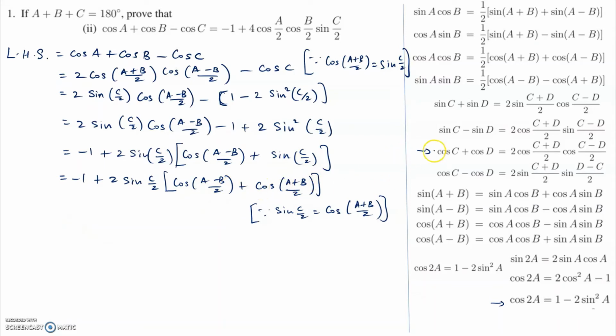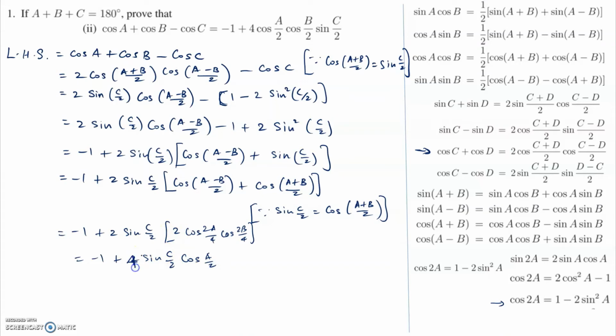Now further applying the same formula onto this expression, cos (a minus b) by 2 plus cos (a plus b) by 2, this becomes minus 1 plus 2 times sin c by 2 into 2 times cos (2a by 4) into cos (2b by 4), which is equal to minus 1 plus 2 times sin c by 2 cos a by 2.